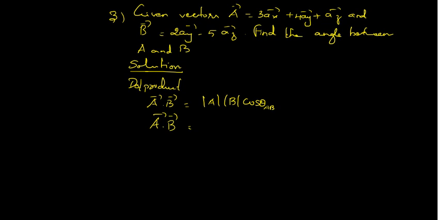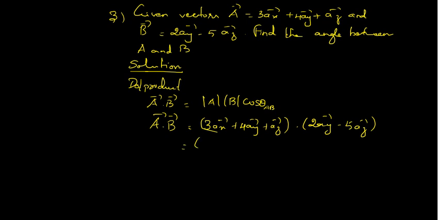Let me write that: 3ax vector plus 4ay vector plus az vector dot 2ay vector minus 5az vector. Now take the dot product. So here there is no x component, so we can use that too. Here we just write 0ax vector plus.